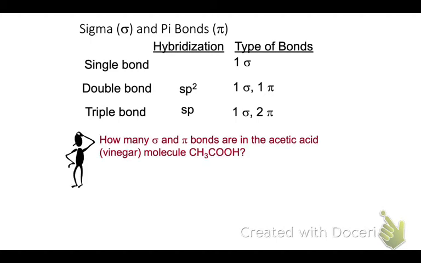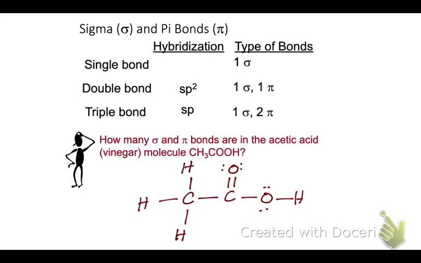So now let's look at this question together. How many sigma and pi bonds are in the acetic acid molecule? You have to draw the Lewis structure, so I'm going to do this here for you. This is the acetic acid Lewis structure. Every single bond is a sigma bond, so I'm going to color the sigma with red.